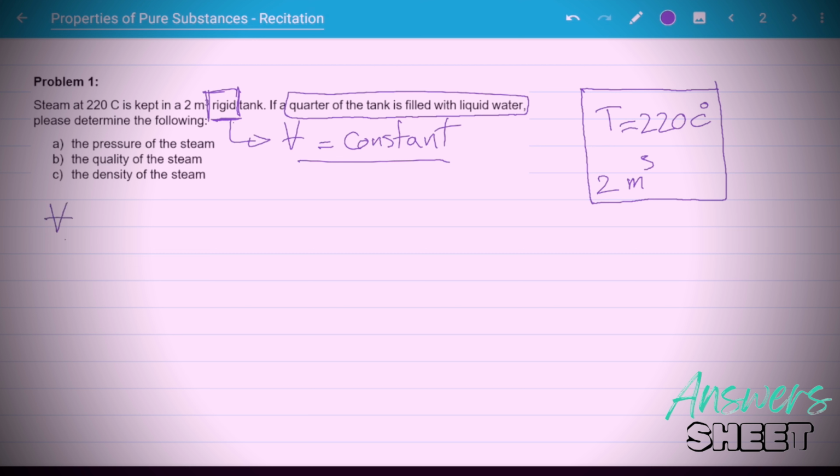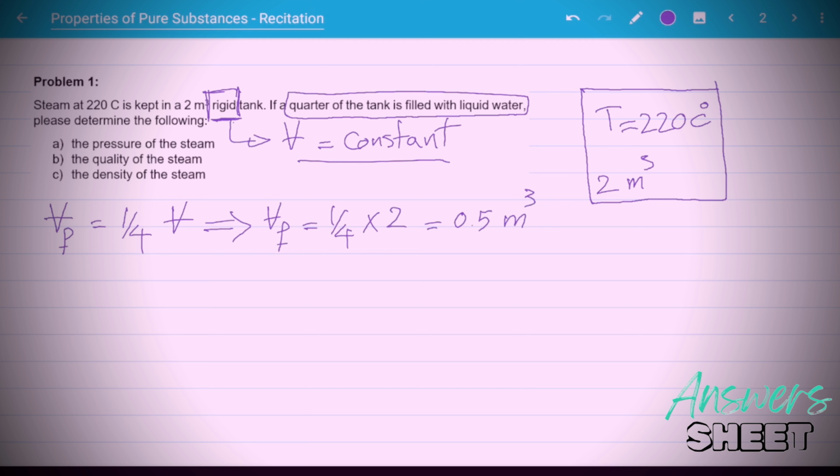So that says the volume occupied by fluid is 1/4 of the total volume, right? So we can start to plug in numbers. Now the volume is 1/4 of the total volume, which is 2 meters cubed. So we get that 0.5 meters cubed is filled with liquid water, right?